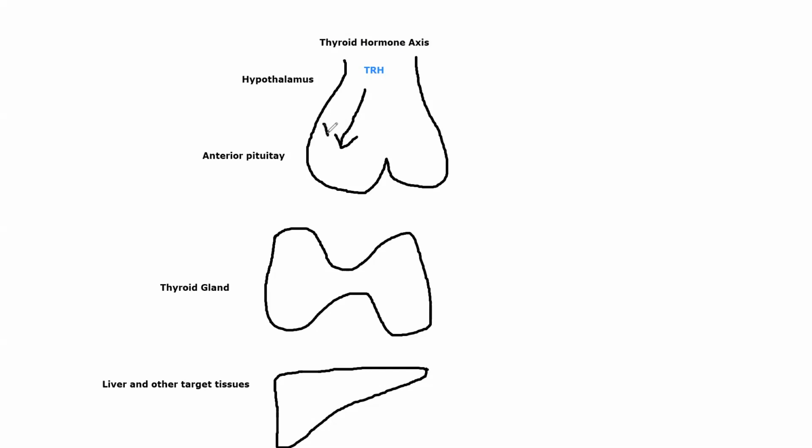So this is going to be a positive stimulus here. And the hormone that's released from the anterior pituitary is called TSH. So TRH is thyroid releasing hormone coming from the hypothalamus, and then TSH is thyroid stimulating hormone coming from the anterior pituitary. Now that is also going to trigger the release of thyroid hormone.